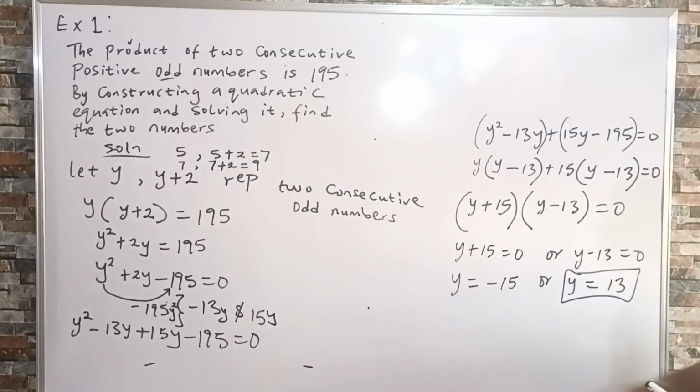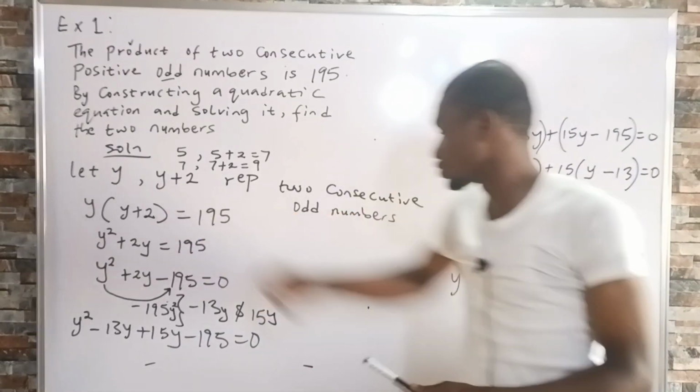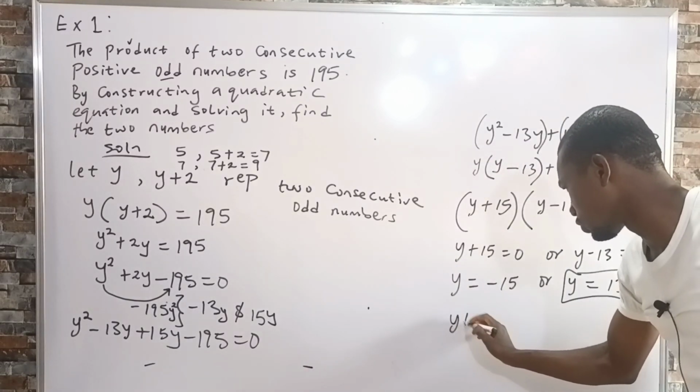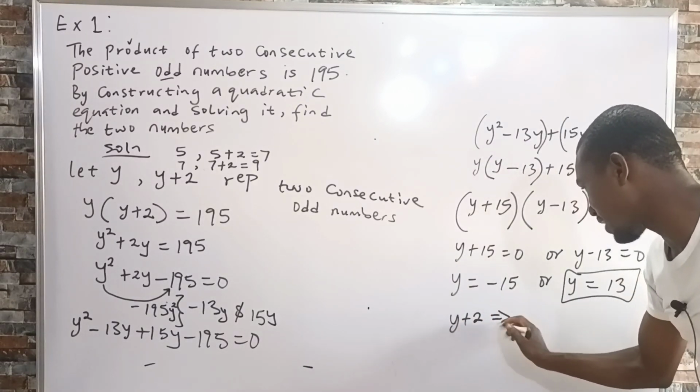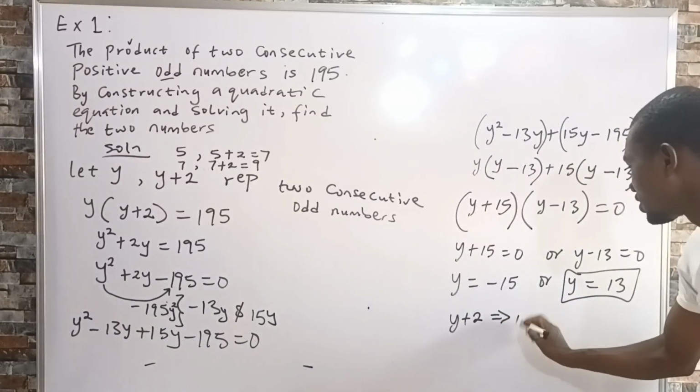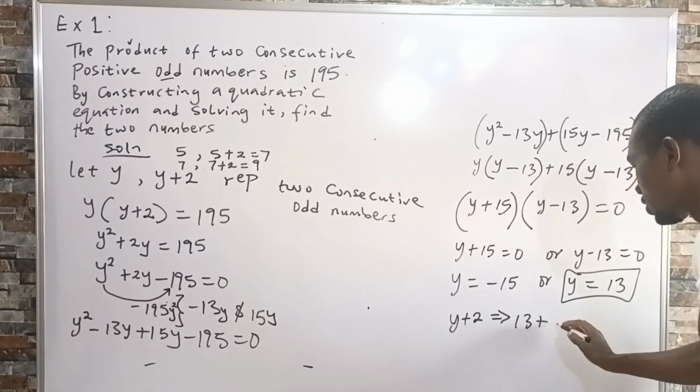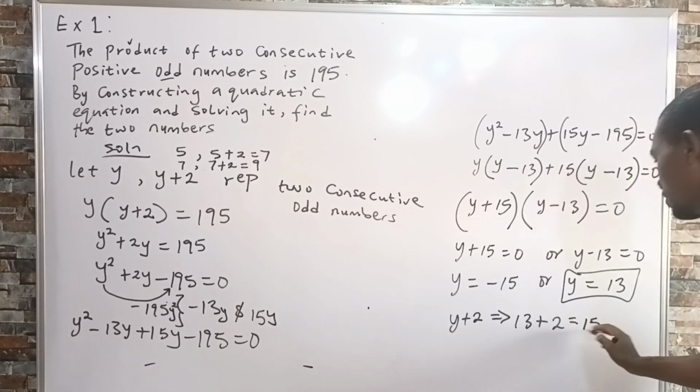The next thing is to find the next value of y. We've just found the first value of y, which is y equal to 13, and we want to find the second value, which is y plus 2. So y plus 2 is 13 plus 2, which is equal to 15.